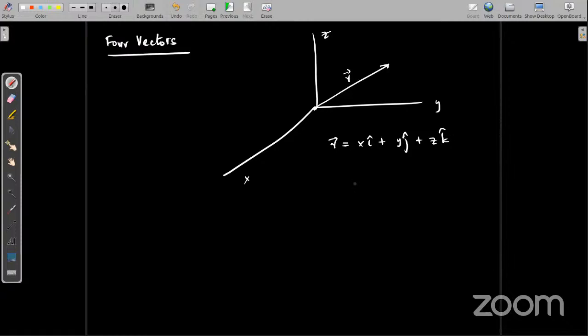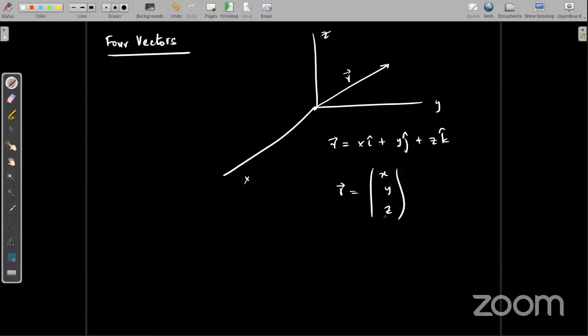Once you study matrices and linear algebra, you will realize that you can represent this vector as a column matrix of x, y, and z. It's a simpler notation. Instead of writing i, j, and k every time, we represent it in matrix form. It's easier to calculate matrices in higher dimensions.